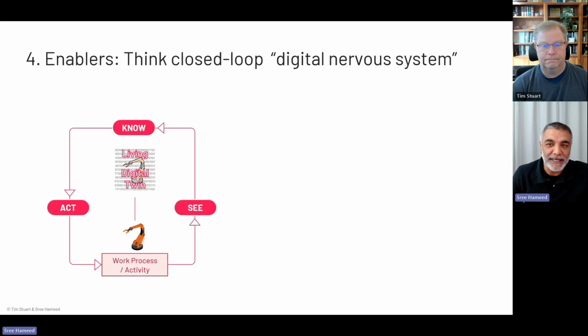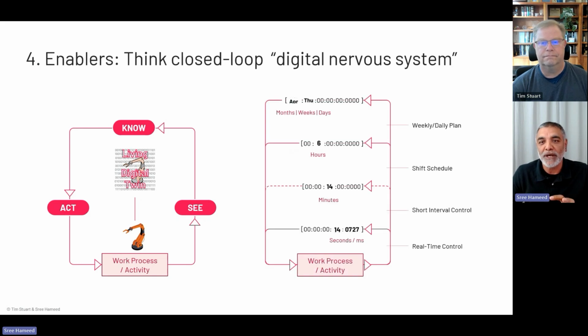Now, we can't take credit for this label because it was first coined by Bill Gates well over 20 years ago. But it is a more descriptive concept because it captures the idea of a living digital twin that can see, know, and act via a closed loop process.